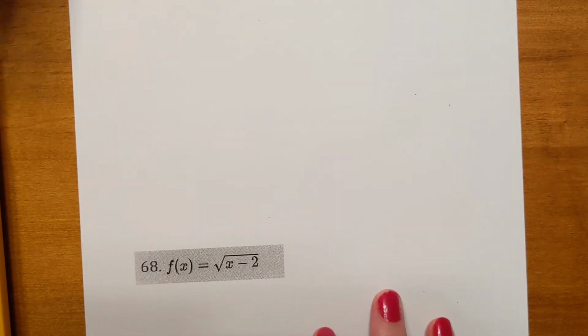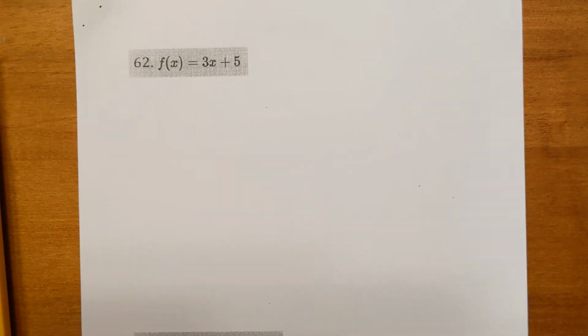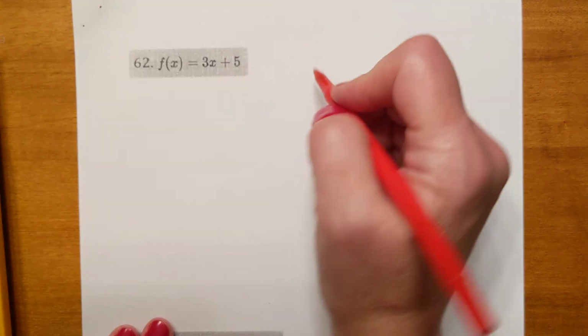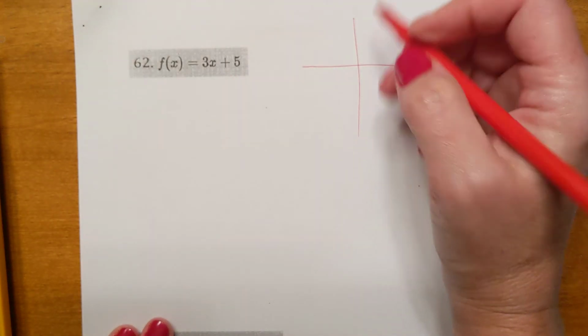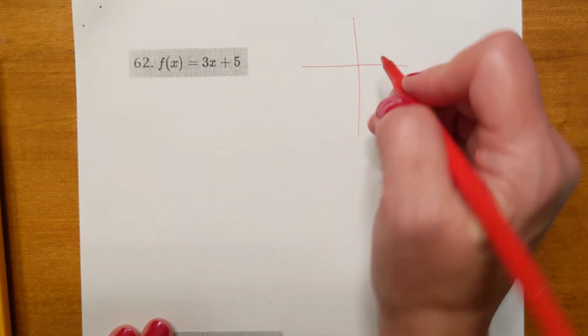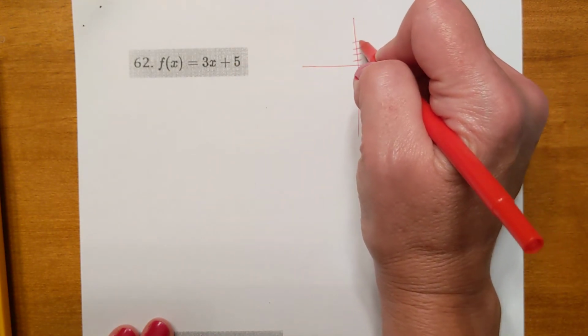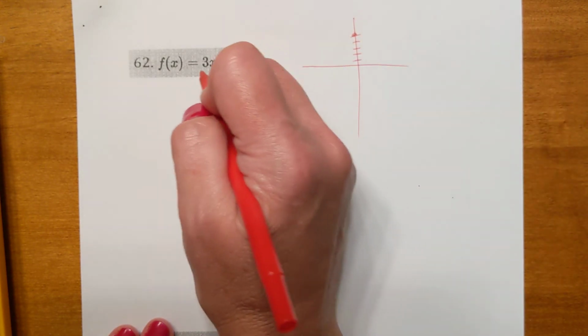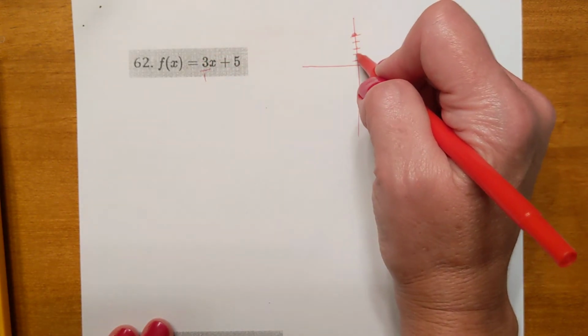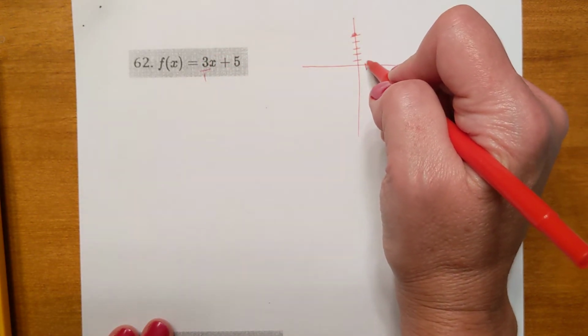Then on the next page, the very first one is easy to do. It's f of x equals 3x plus 5. Hopefully it pops right out at you that that's a line. It's going through 5 on the y-intercept, and it's got a slope of 3, so it goes up 3 and then right 1.